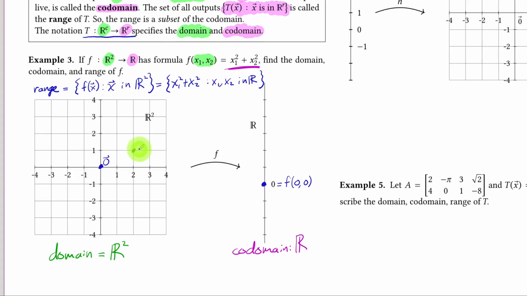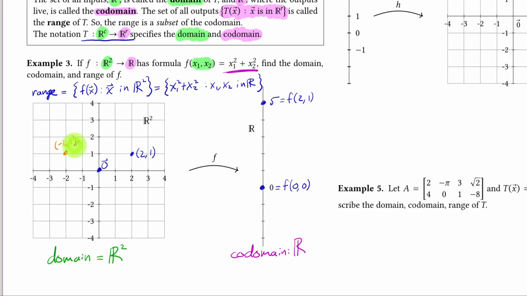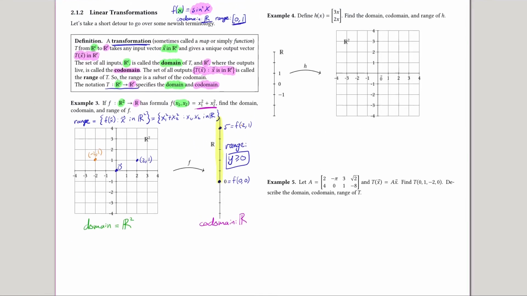Like if you take x is the point (2, 1), then 2 squared plus 1 squared is going to be 5. And that's also true if you take a negative number too, like (-2, 1). You're still going to get the same thing when you square negative 2. So the actual range is just all positive numbers, including 0. You just say y is greater than or equal to 0 if you want. Write it in interval notation. Doesn't matter. All right, that's a quick example of that.